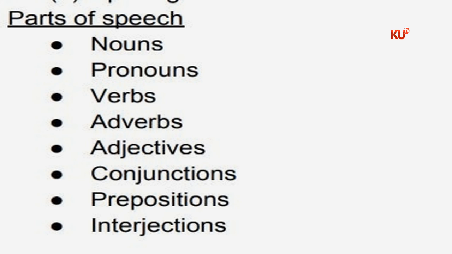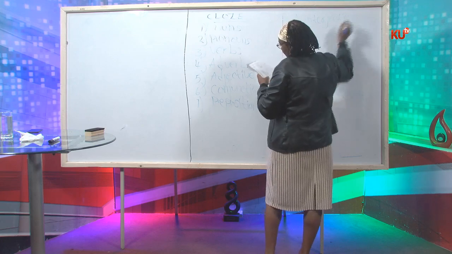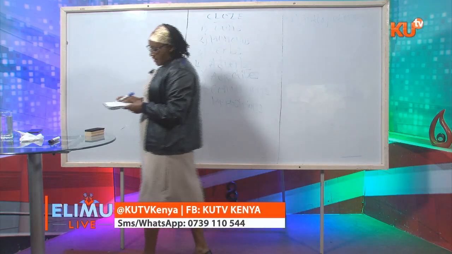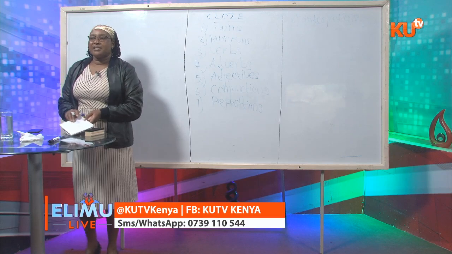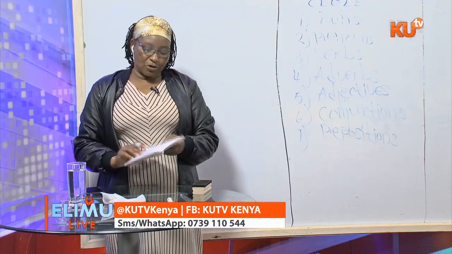Then we have number 6, conjunctions. Number 7, prepositions. And number 8, interjections. So, those are the 8 parts of speech which are tested in a broken passage or a clause.